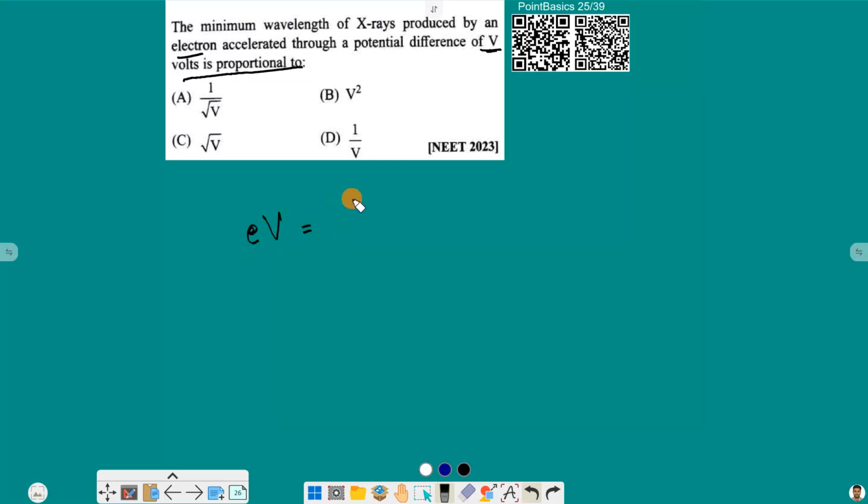And when this electron hits some target, it will lose all of this energy in the form of radiation, so it will be h times the frequency. So from this we can write that eV is equal to h times frequency, and frequency is c over lambda, and from this we can write that lambda is inversely proportional to V, where capital V is the potential. So option D is right here.